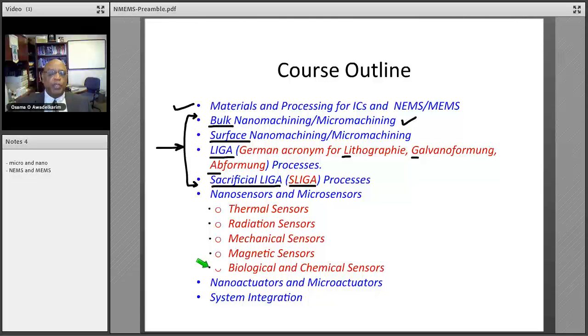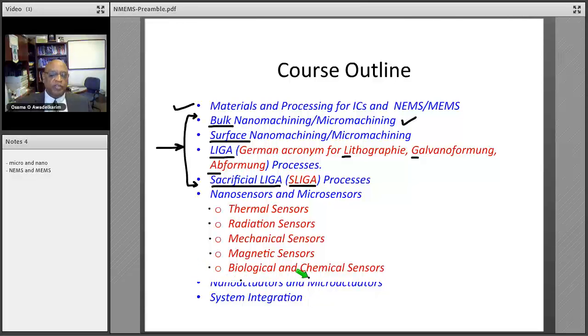So we will be going through different types of these sensors. How do we fabricate them? How do we make them at the micro scale or the nanoscale? And what are the properties that are utilized in operating these sensors.